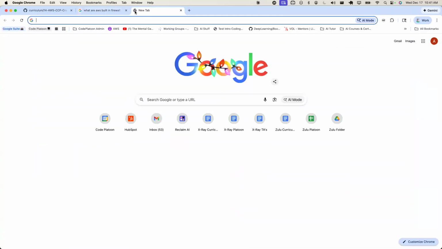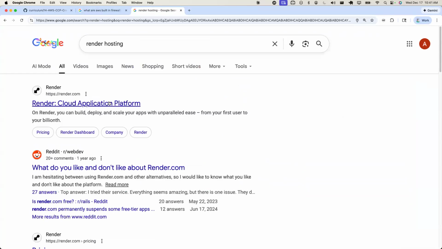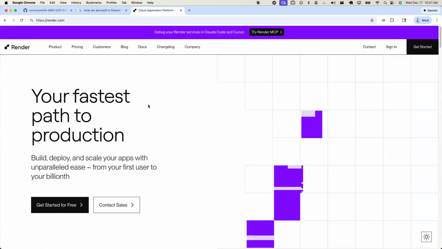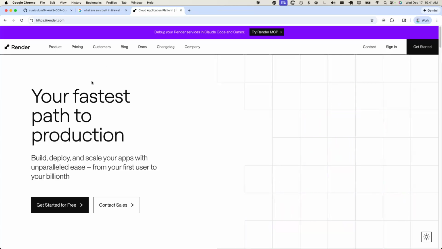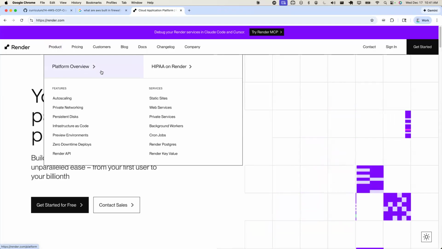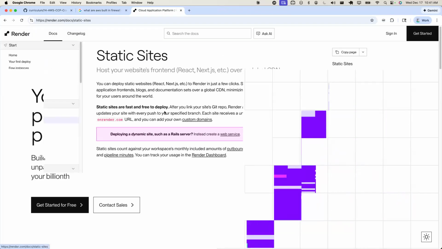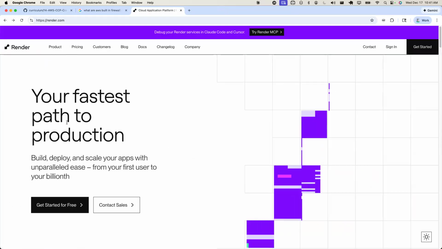I would actually encourage folks to look at services like Render, where if you put something in a Docker container, you can deploy a whole website or web app very quickly.